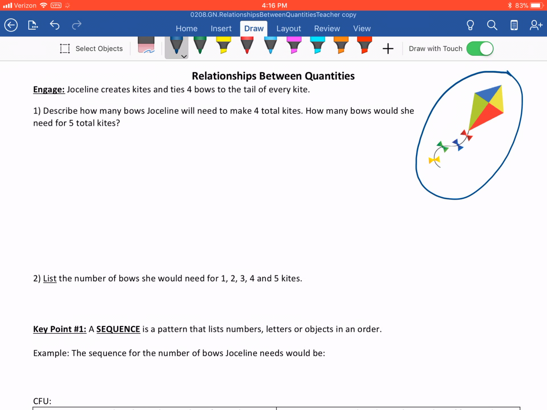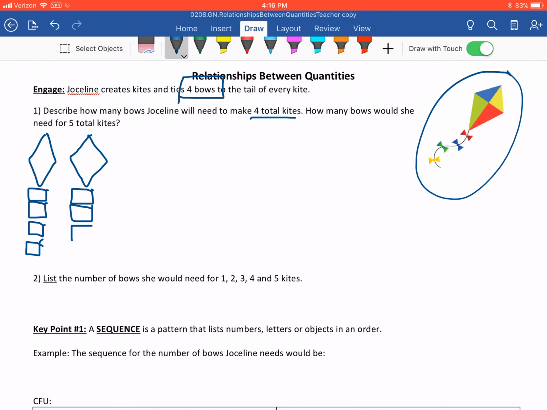So I need a total of 4 kites. So kite number 1, and each of them needs 4 bows. 1, 2, 3, 4. I need a couple more kites. There's my second kite, also with 4 bows.